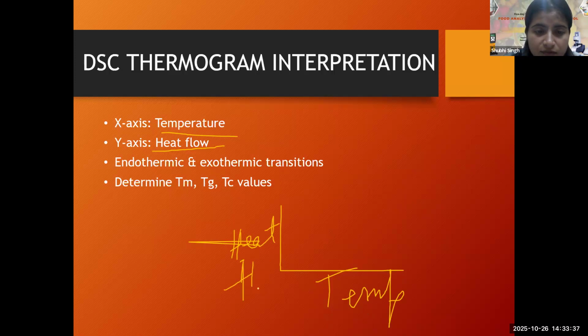This is heat flow. And then we can determine Tm, the melting temperature, Tg, the glass transition temperature, and Tc, the crystallization temperature.